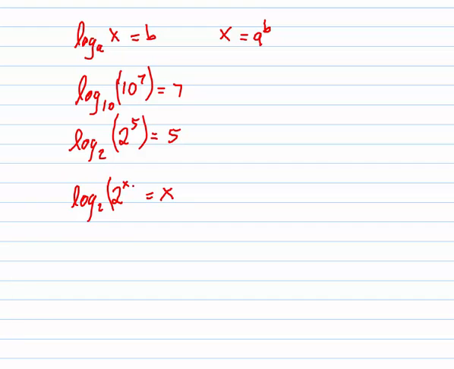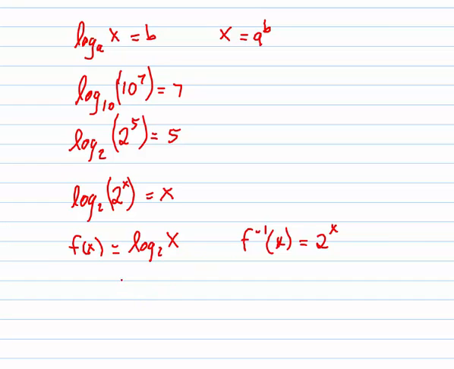What's the 2 exponent of 2 to the x? Well, it's x. And right there, you notice from our previous video on inverse functions, we have one function f of x, say, is equal to log base 2 of x, and we have another function, g of x, is equal to 2 to the x.